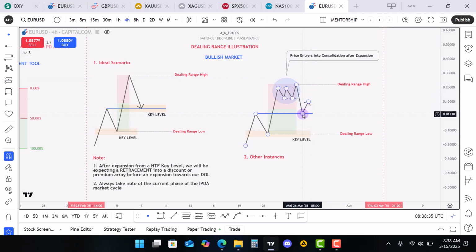So let's take note of this because this also occurs a lot in the market. And in such cases, if you are not very careful, you might be trading at the wrong side of the market. Now, let's hop onto the chart and identify some examples of the dealing range we are discussing today.